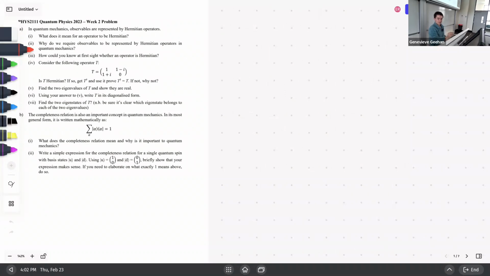Okay, so question one. This is kind of a word question in a way. Does anyone want to shout out the answer? Nearly everyone got this right.